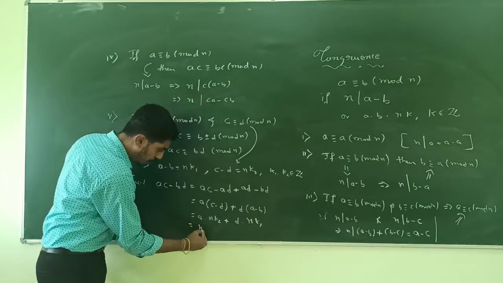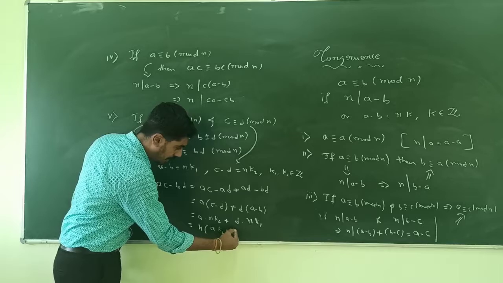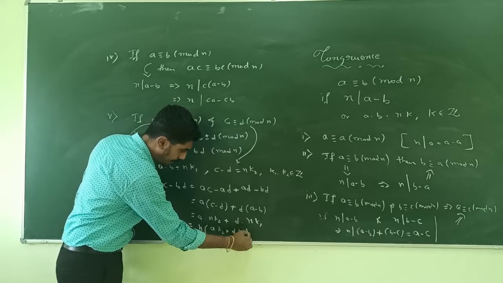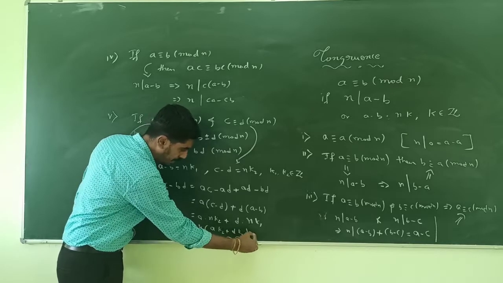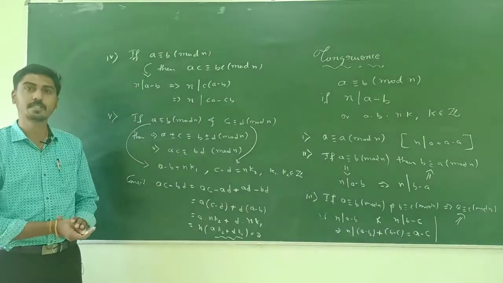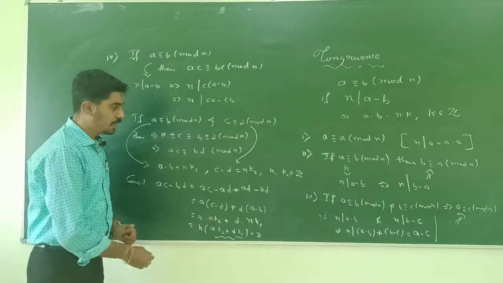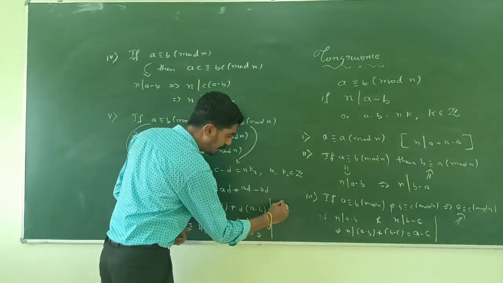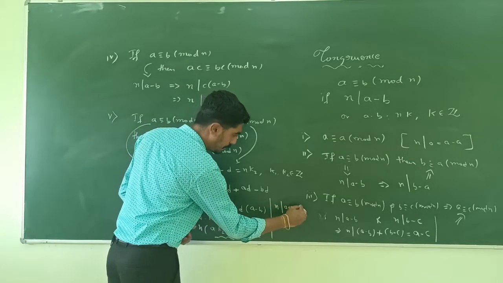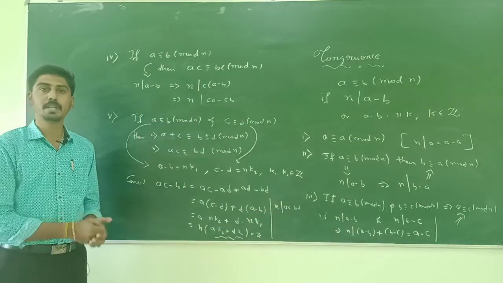Now take n as common, we get n into A k2 plus D k1. This is an integer. We have shown that AC minus BD is an integral multiple of n. So n divides AC minus BD, or AC is congruent to BD modulo n.